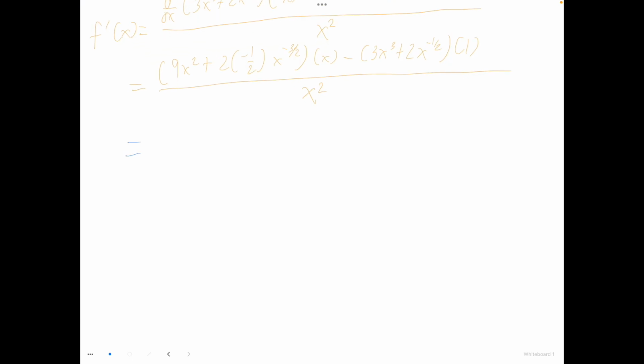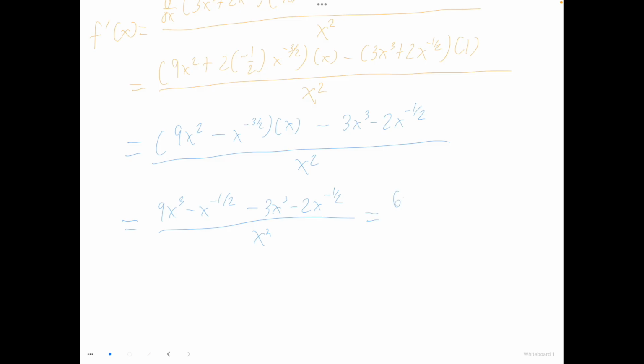Now if we simplify this, we're going to have 9x squared minus 2, or minus just x to the minus 3 halves, times x, minus 3x cubed minus 2x to the minus 1/2, all divided by x squared. Now multiplying our x through, we have 9x cubed minus x to the minus 1/2, minus 3x cubed minus 2x to the minus 1/2, all divided by x squared.